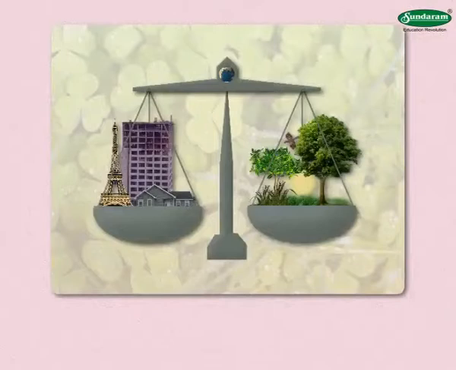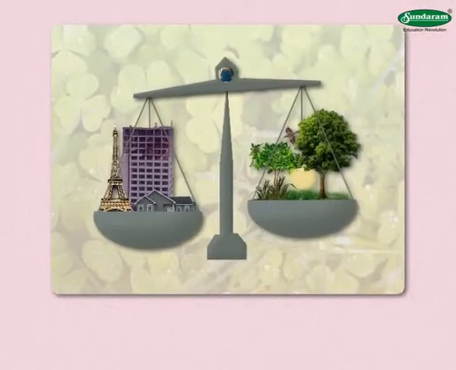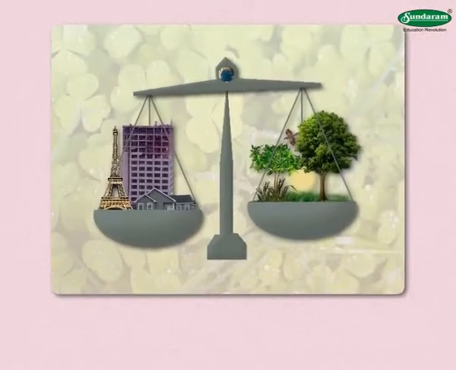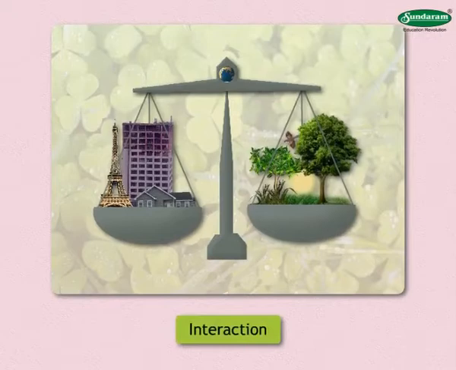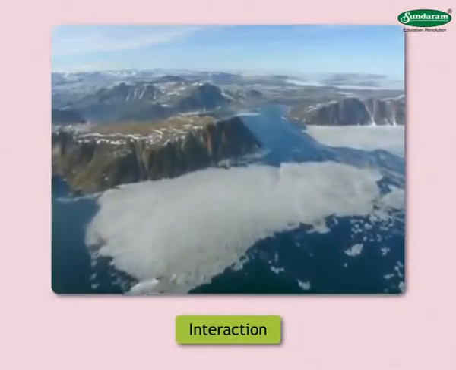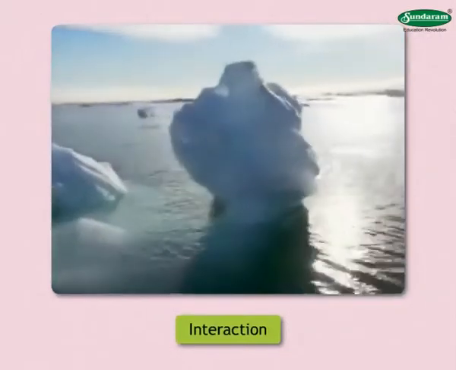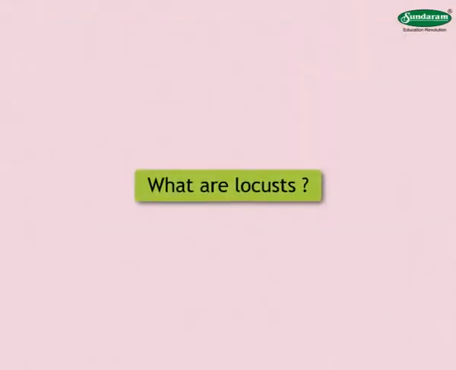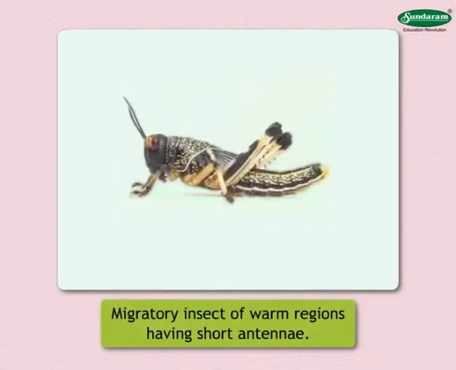The way the living and non-living elements of the environment affect each other is called their interaction. There are numerous examples of such interaction, and they are extremely complex. Discuss. What are locusts? Migratory insect of warm regions having short antennae.